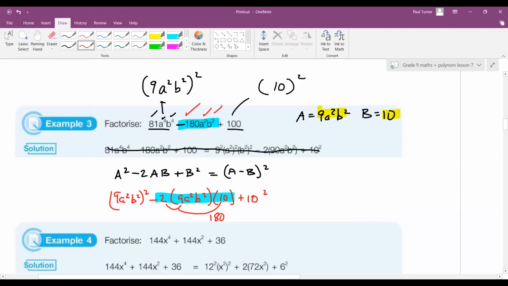So a squared and b squared are there. So this is all fine. This is correct. So if it's in this form, we can write it out as 9a squared b squared minus 10 all squared. And that's your final answer there. And I'll put that in green, green for go, all good. So that's your final answer.